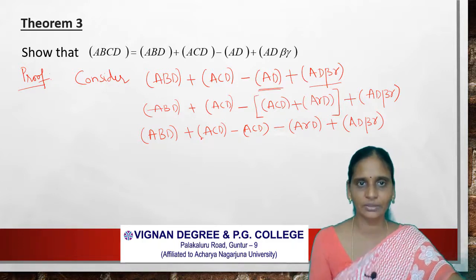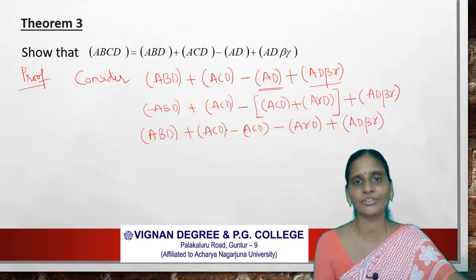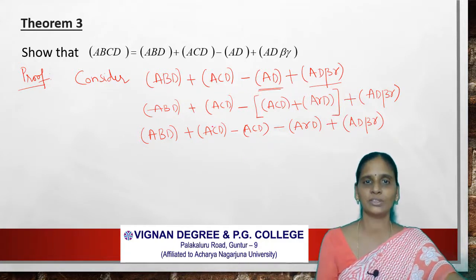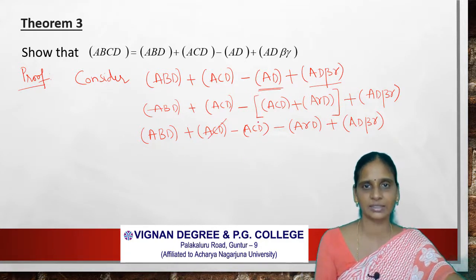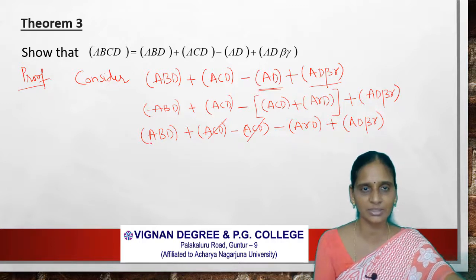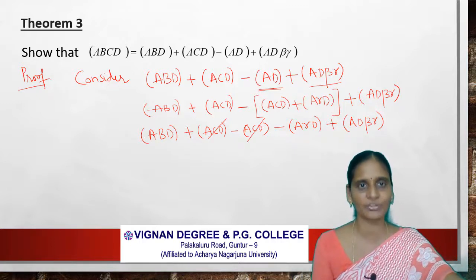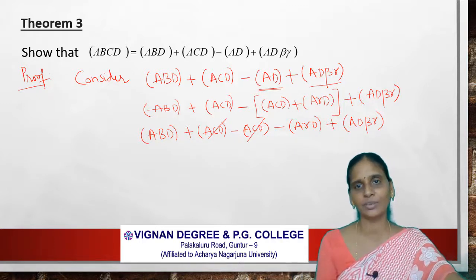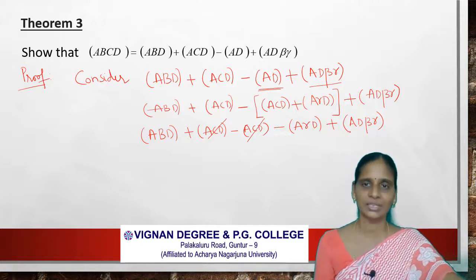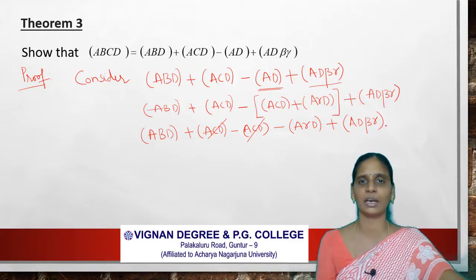So here we have to observe plus frequency of ACD minus frequency of ACD gets cancelled, and the remaining terms are frequency of ABD minus frequency of A gamma D plus frequency of AD beta gamma.